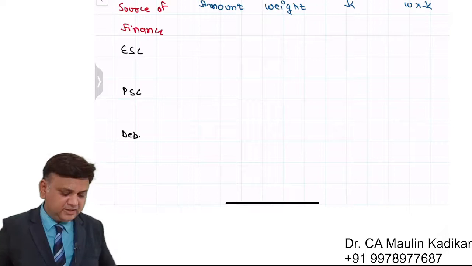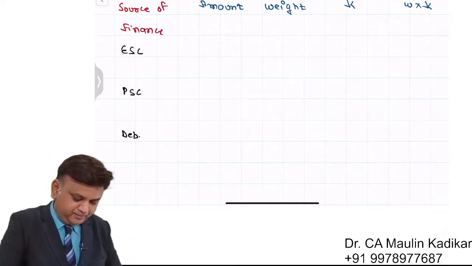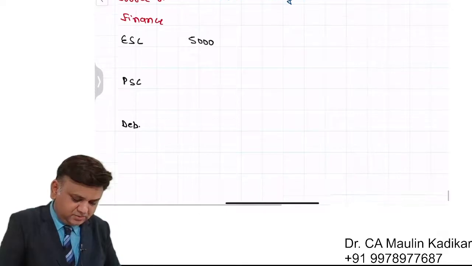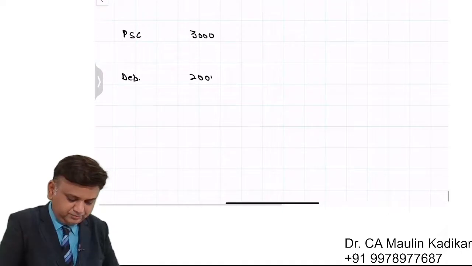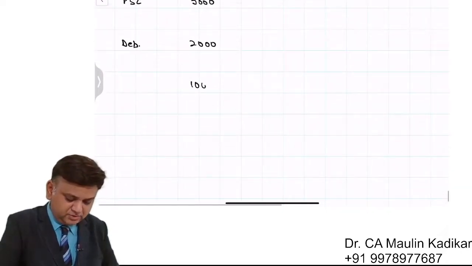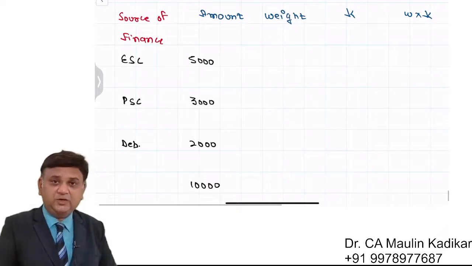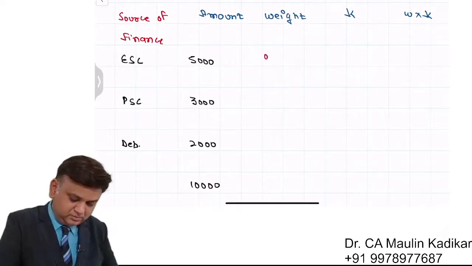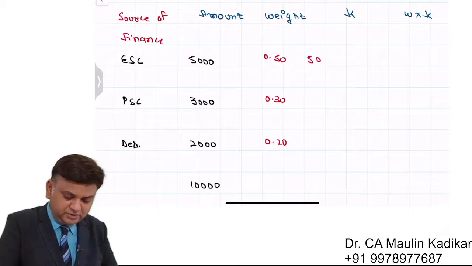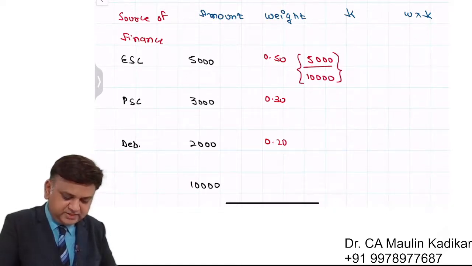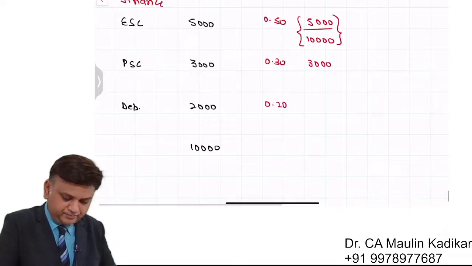Amount of the equity share capital is 5,000. Amount of preference share capital is 3,000. Amount of the debentures is 2,000. So the total is 10,000. Weight or proportion is 0.50, 0.30, and 0.20. 0.50 is found as 5,000 upon 10,000. 0.30 is found as 3,000 upon 10,000.